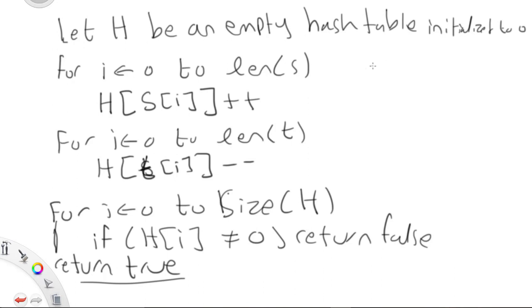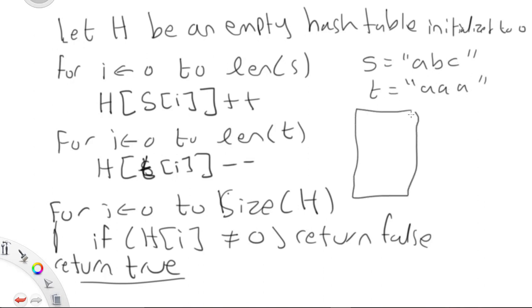And again, let's finally take an example where this wouldn't work. Let's say S is ABC and T equals AAA. Obviously these two words are not anagrams, right? If I start handling the table, the H table, I would have the letters and counts, and for S, once I finish it, I'm going to have A with 1, B with 1, and C with 1.